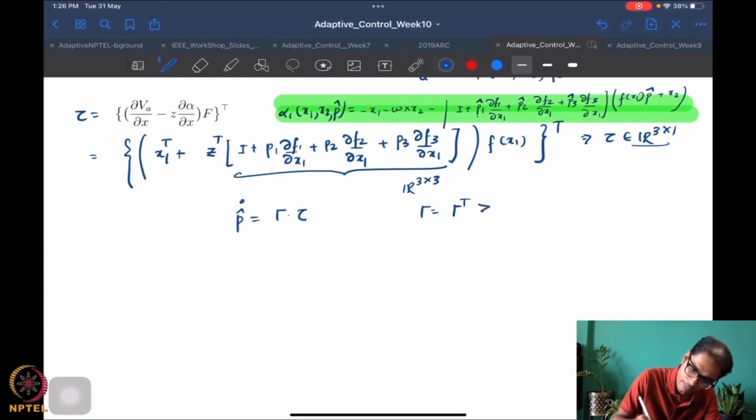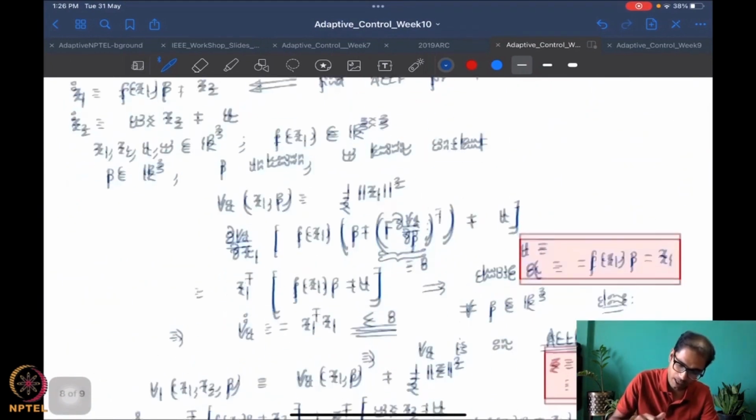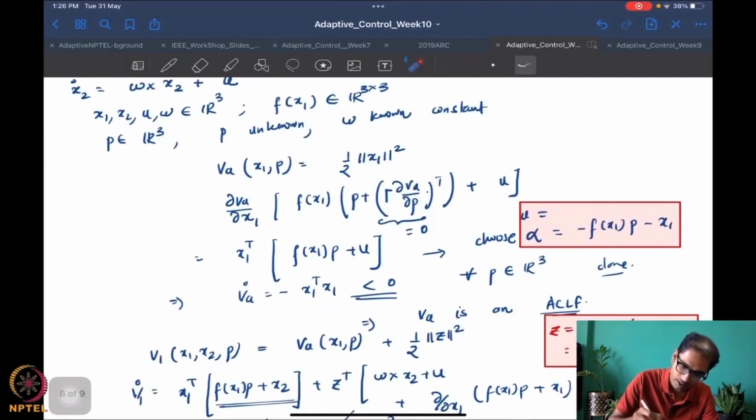Any gamma is okay, because if you remember, the gamma actually came from this expression, and here because del VA del P is 0, any gamma would be completely okay here.